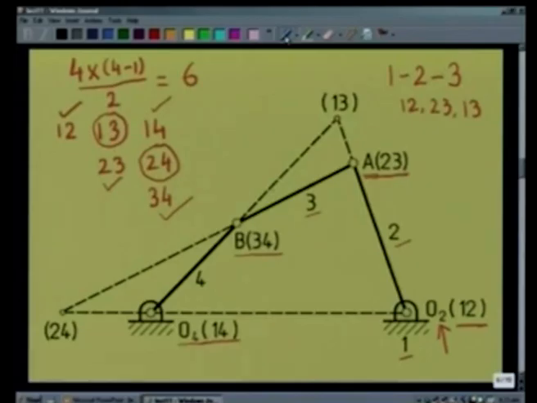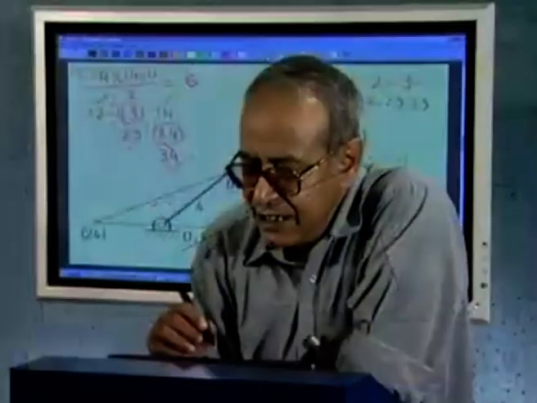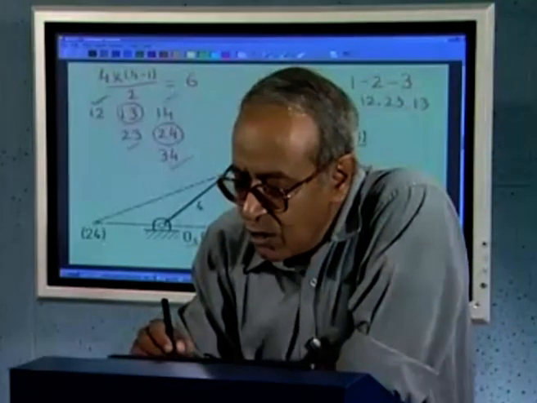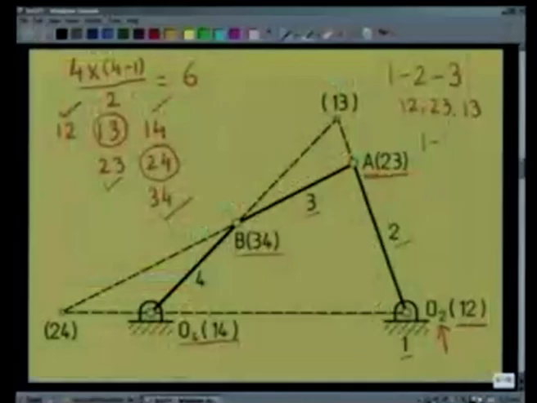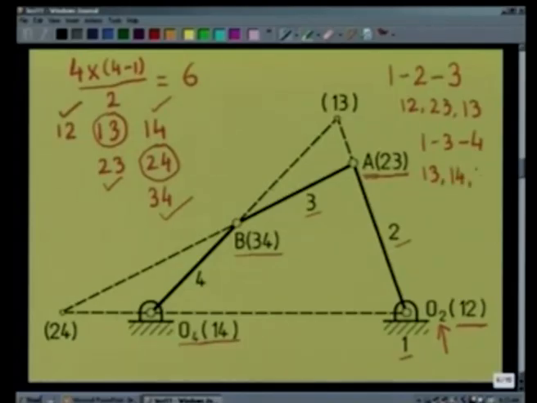Next, let us consider 3 rigid bodies, namely 1, 3 and 4 in relative motion. Consequently, the 3 relative instantaneous centers, that is 1, 3, 1, 4 and 3, 4 must be collinear.